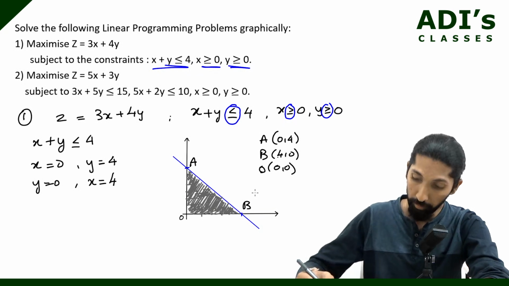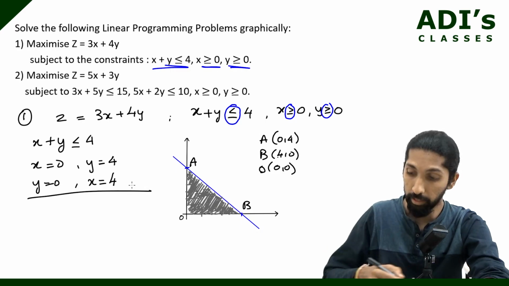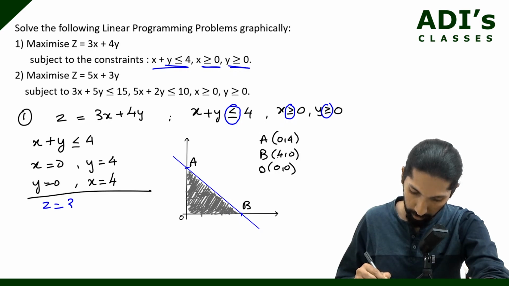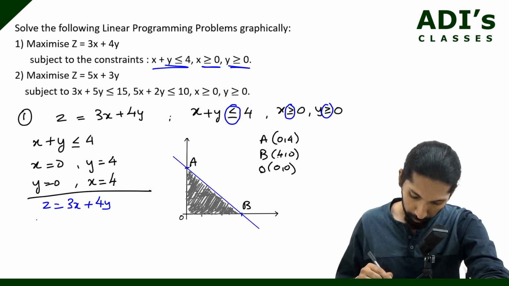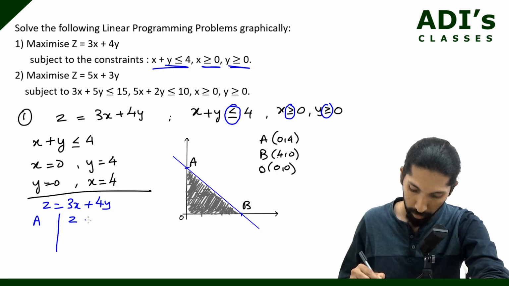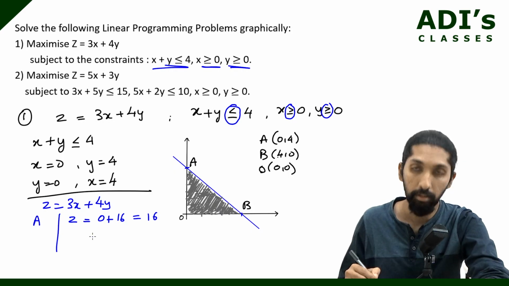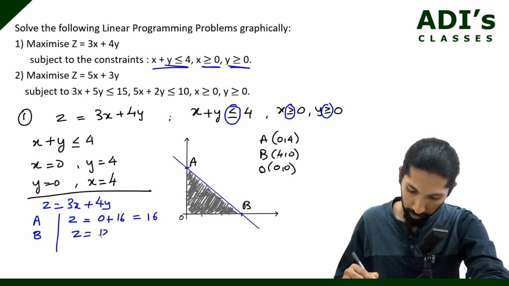Alright? So for the maximizing part, we'll take the function now. Z is equal to 3x plus 4y. Correct? Now when you take point A, then Z will be equal to 0 plus 16, which is 16. Right? If you take B, Z is equal to 12 plus 0, which is 12.